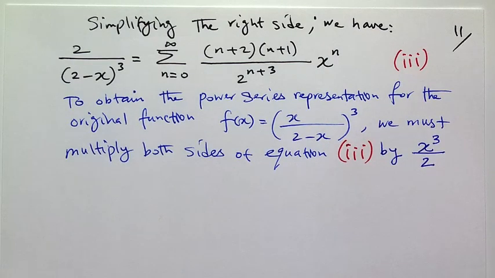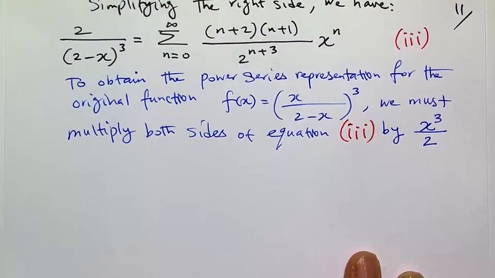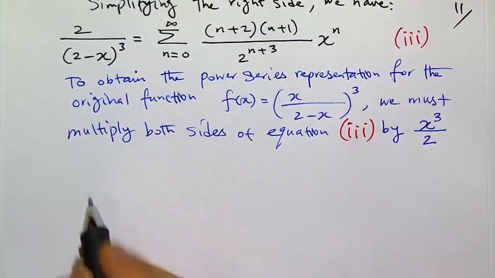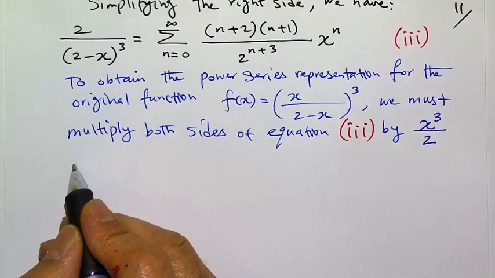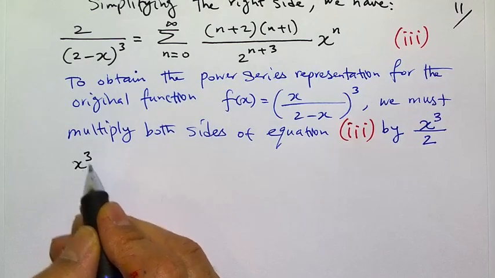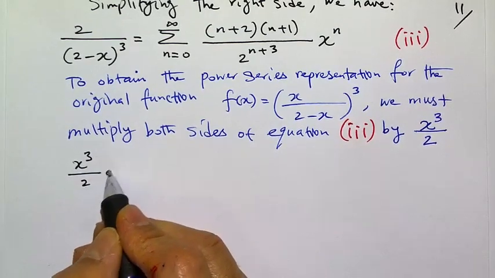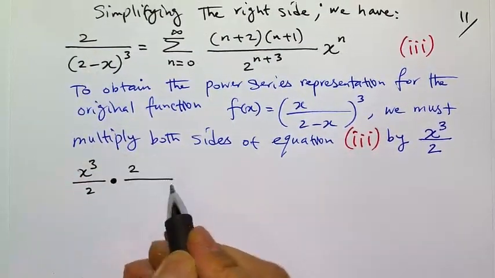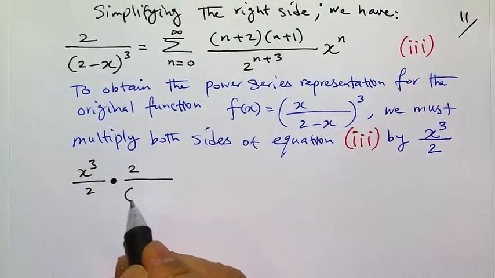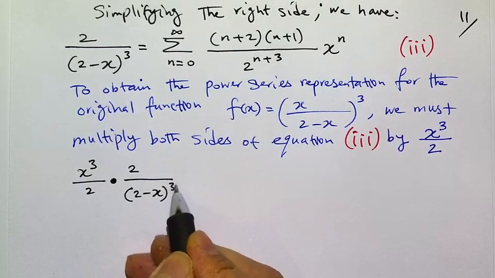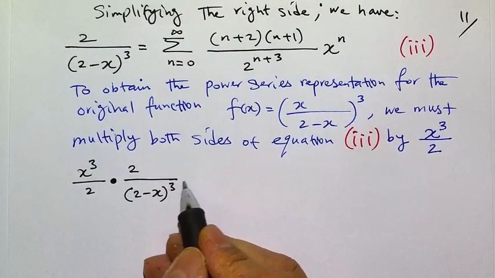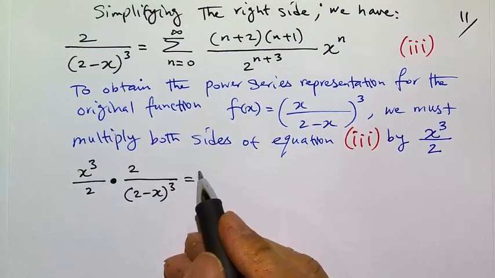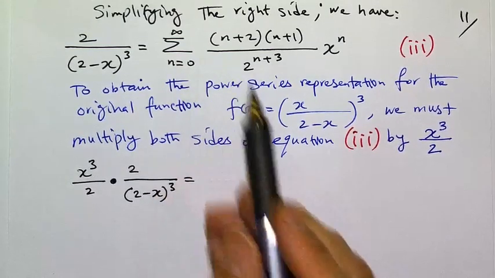And we end up with x cubed over 2 times 2 over 2 minus x cubed. And this is equal to doing the same thing to the power series side.